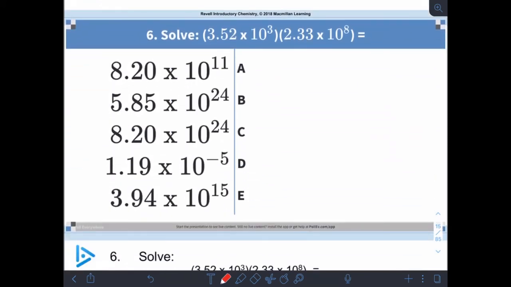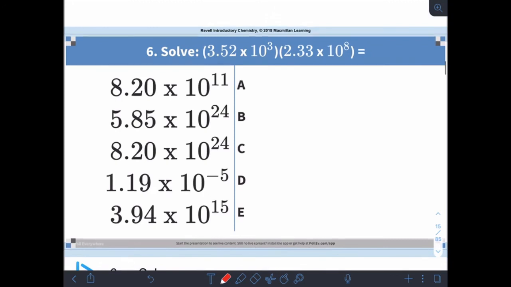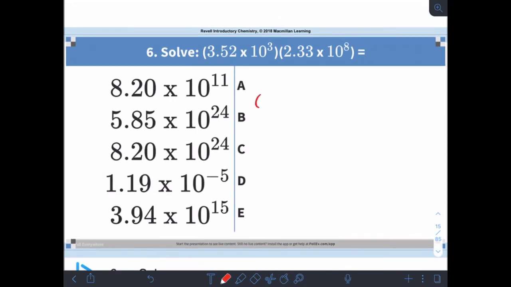All right, give us a pause. Go ahead and work this one out for yourself. If you entered this in your calculator, which you should have, you would have 3.52 E to the 3 times, and using your parentheses, 2.33 E to the 8.